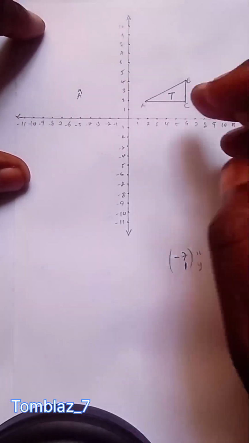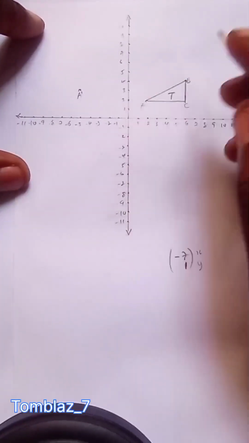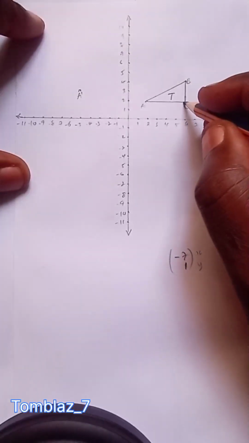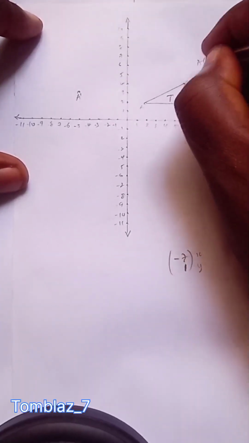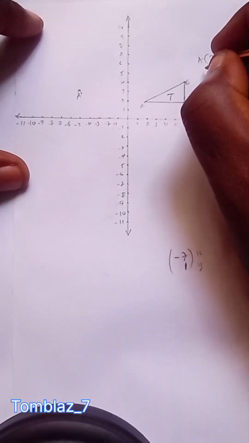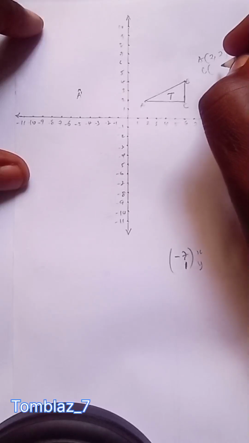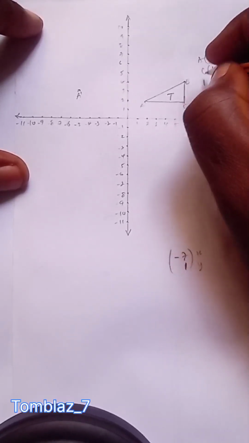Now let's go for C. Maybe I should be writing these coordinates. A has coordinates (2, 2). C has its own (6, 2). Okay, B first.